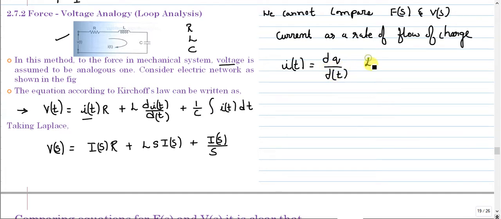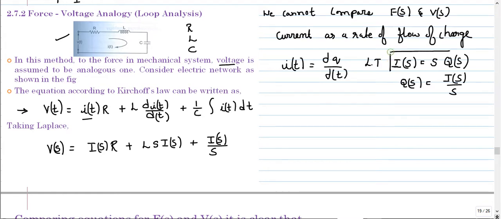Again, when I apply the Laplace transform, it changes to I of s equal to the differentiation, that is s into q of s. Later, q of s can also be written as I of s divided by s.